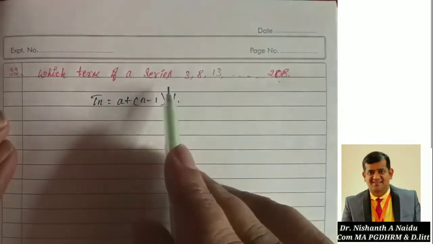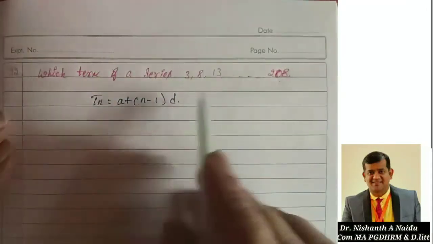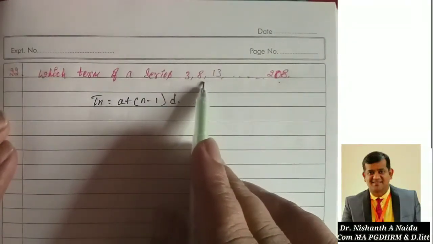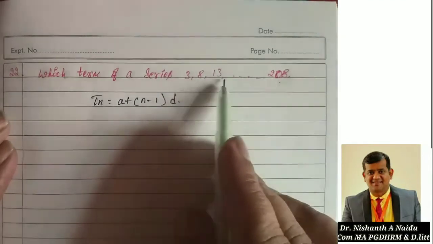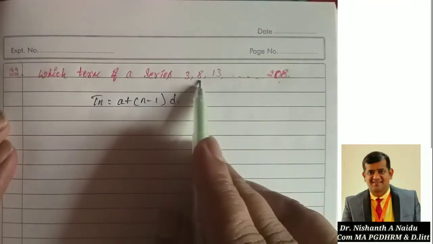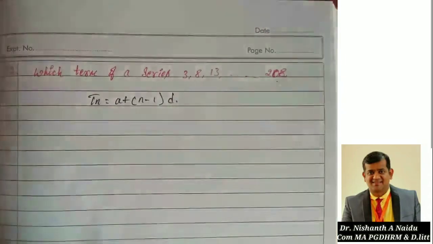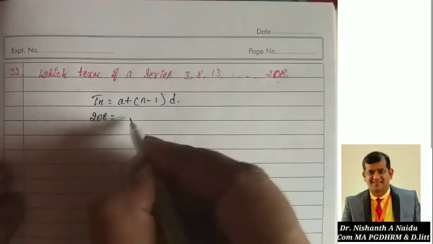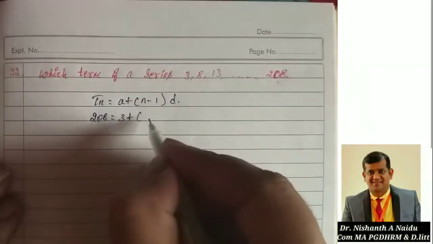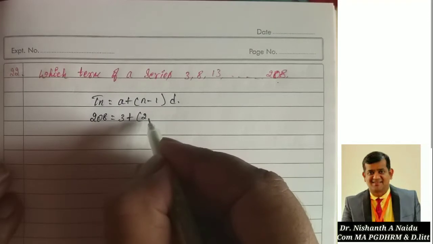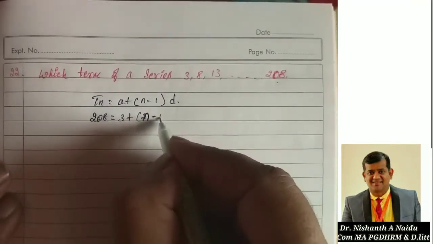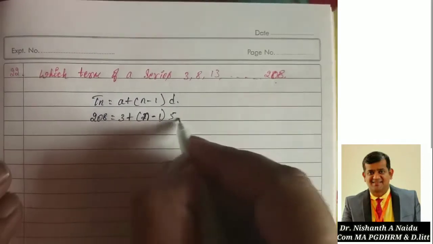A is equal to 3 and D is equal to 8 minus 3, which is 5. 13 minus 8 is also 5. So D equals 5. Okay. Then we have to apply this in the formula. So 208 equals 3 plus N minus 1, we don't know the value of N, into D, which is 5.